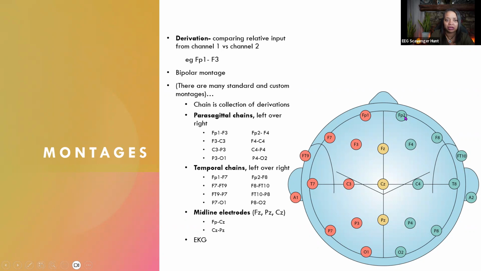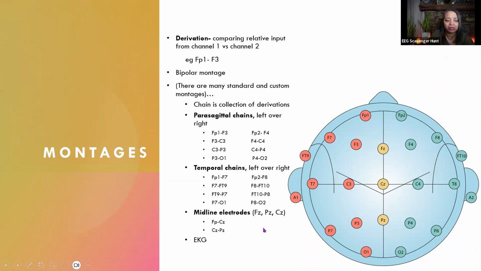On the right, you're going to have the right temporal chain: FP2 compared to F8, F8 compared to FT10, FT10 compared to T8, T8 compared to P8, and P8 compared to O2. That's your right temporal chain. And then you have these midline electrodes, which are compared to each other. So FZ is compared to CZ, CZ is compared to PZ.